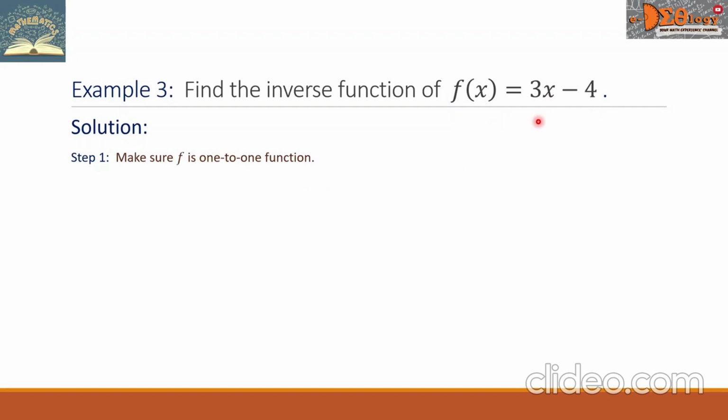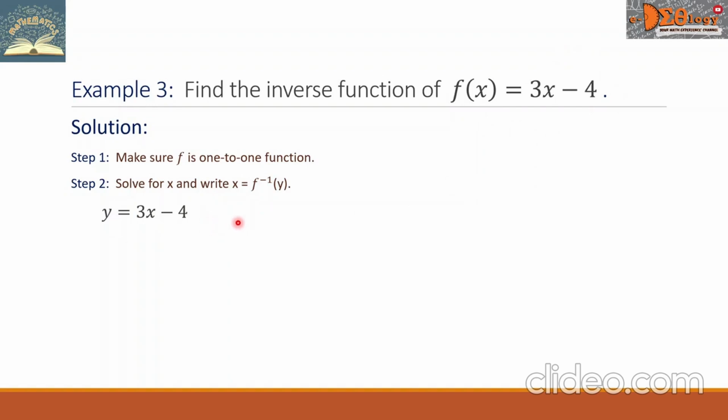So this is a 1-to-1 function. Now step 2. We solve for x and write x equals f inverse of y. So we write this equation down here, but instead of f of x, I will use y. So we have y equals 3x minus 4.